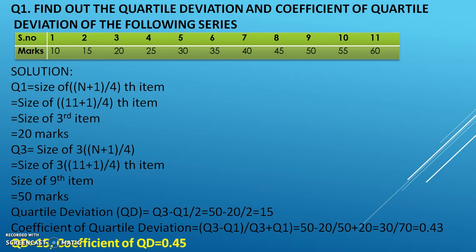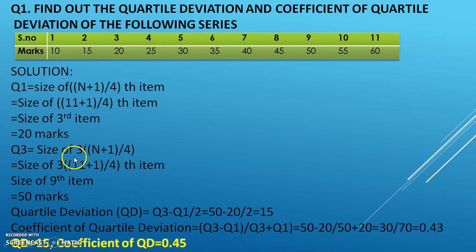So we'll find out Q1. Q1 will be n plus 1 by 4th item of the series. N means number of items, which is 11. So 11 plus 1 by 4th item of the series, that is third item. The value of third item is 20. Q1 is 20 marks.